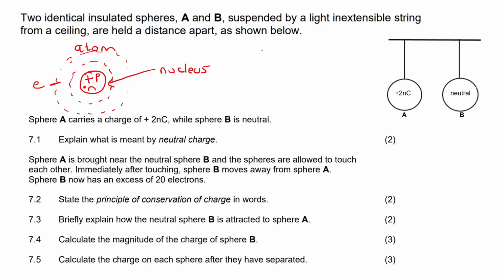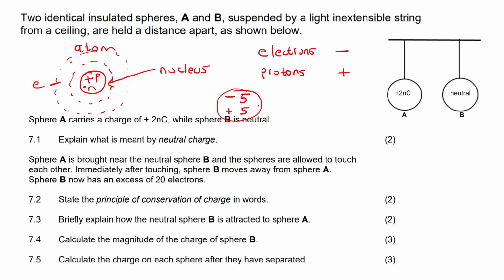Now, electrons are negative, and protons are positive. So when you have the same amount of electrons and protons in an atom, then the overall charge is 0. Let's say, for example, you have 5 negative electrons and 5 positive protons.